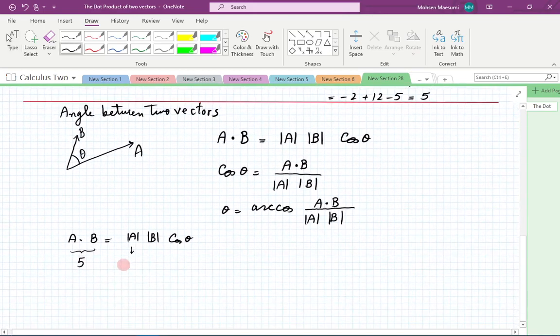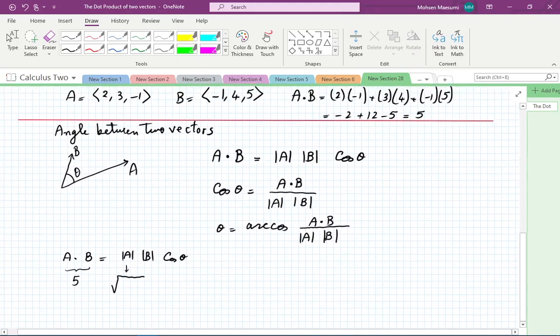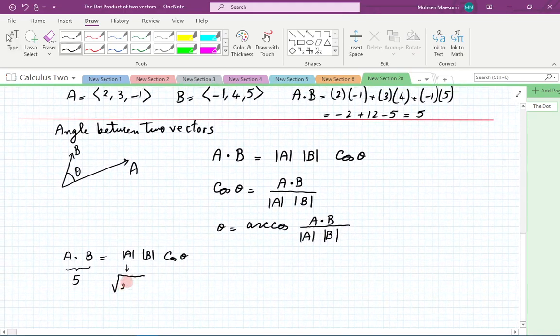Either way, the length of A is going to be 2 squared, 3 squared, and minus 1 squared. Of course, minus becomes plus when you square it. This becomes the square root of 14.